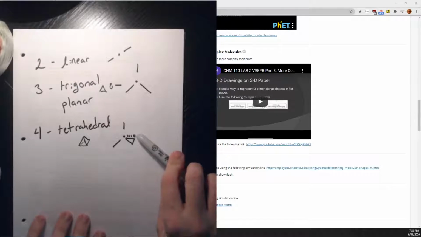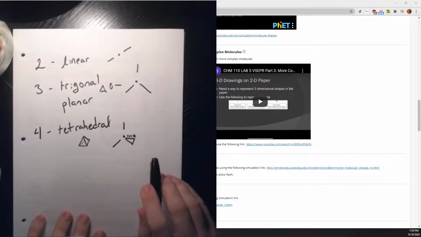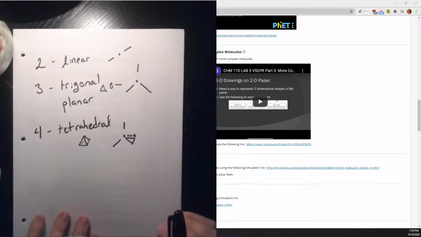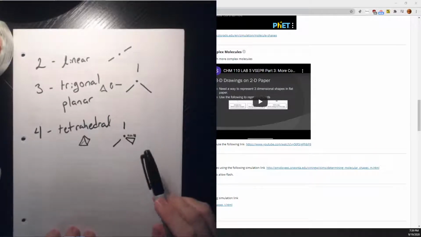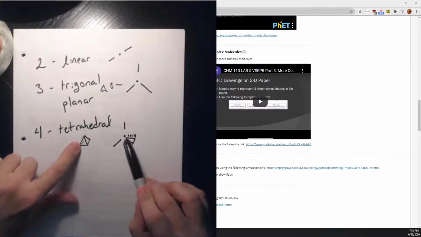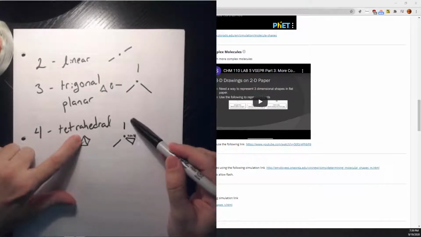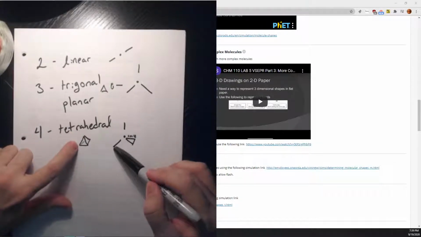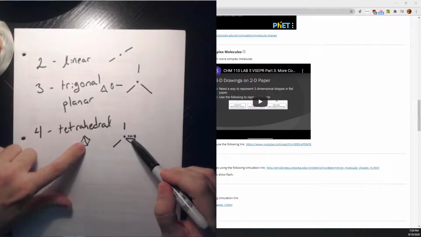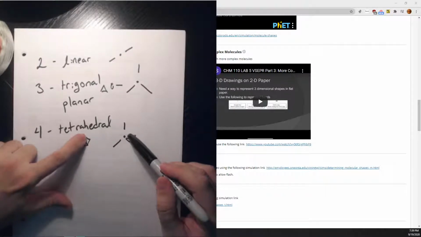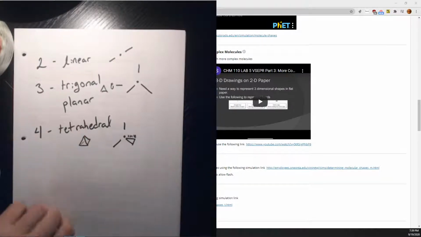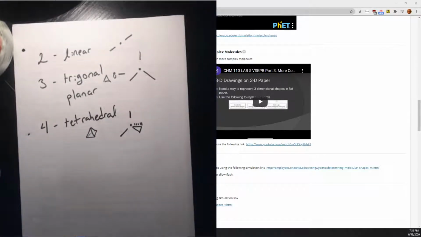And this dashed line back here means it's going back out of the page away from you. So that is how you get your tetrahedral geometry. The dot is the center of the tetrahedron. One domain goes straight up to the top. One is going down and to the left. One is coming down, right, and forward. One is going down, right, and backward. And that's your tetrahedral geometry.